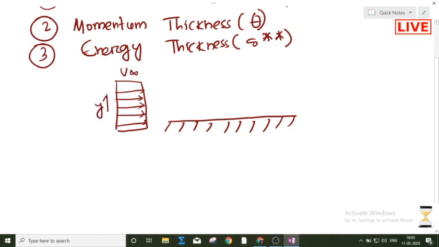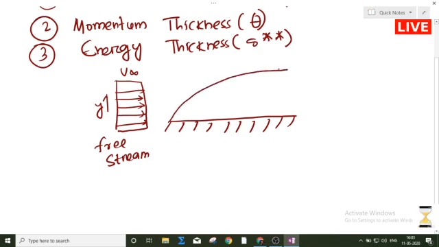When this free stream velocity comes in contact with this solid surface, a boundary layer will be formed. What is the boundary layer? The locus of the points where the velocity will be equal to 99% of the free stream velocity.